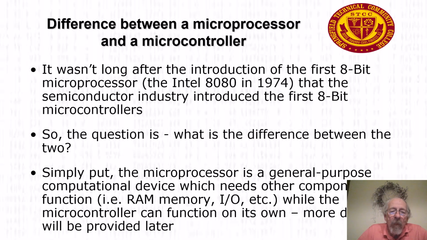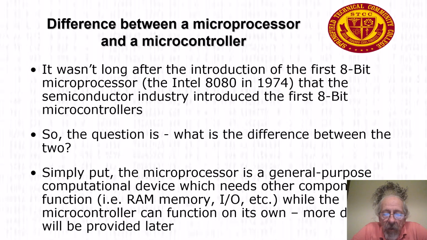So what's the difference between a microprocessor and a microcontroller? It wasn't long after the introduction of the first 8-bit microprocessor, the Intel 8080 in 1974, that the semiconductor industry introduced the first 8-bit microcontrollers. So the question is, what is the difference between the two?